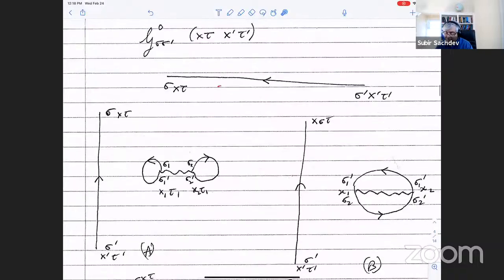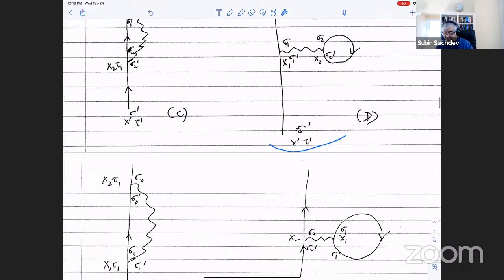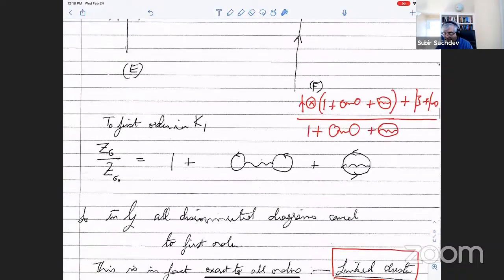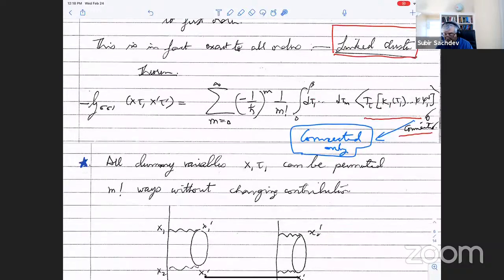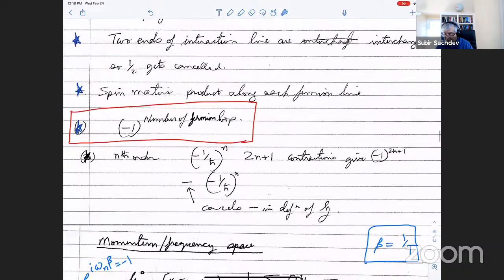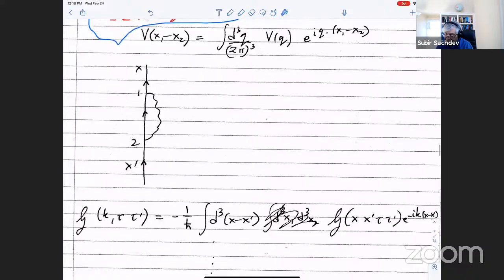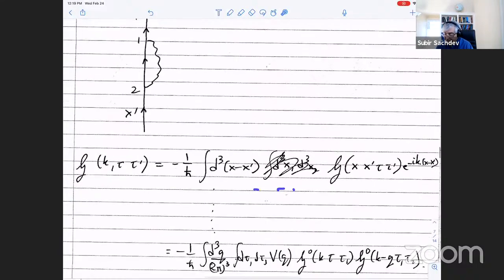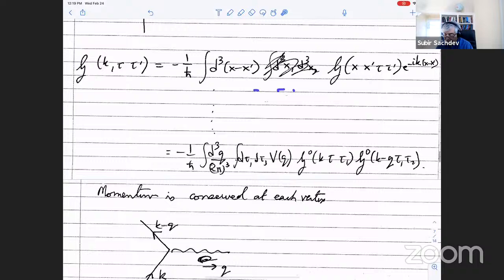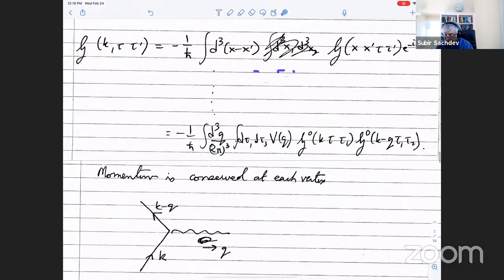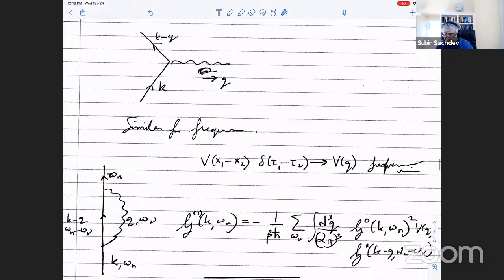You have to do a lot of Fourier transforms and use the fact that a double Fourier transform gives you a delta function, and you go through all of that. So you start with this lengthy expression, you do the Fourier transforms, and you end up with a very simple expression, which I just write down here.